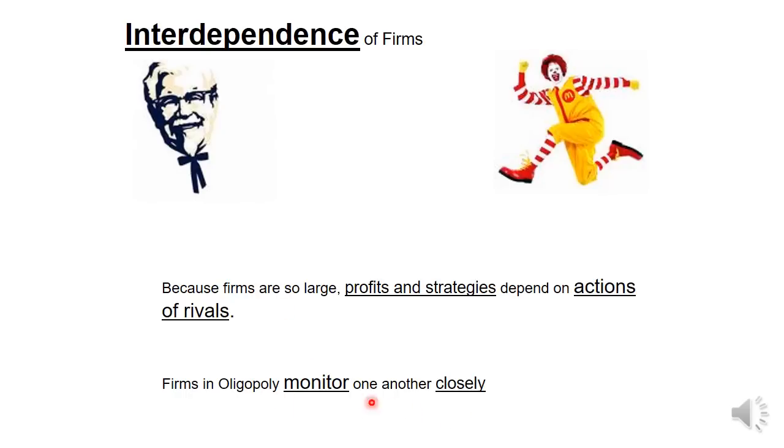This market structure of oligopoly is not a place that's very friendly and openly competitive like monocom. It is a market structure that's very apprehensive, very suspicious, where firms are monitoring each other in distrust.